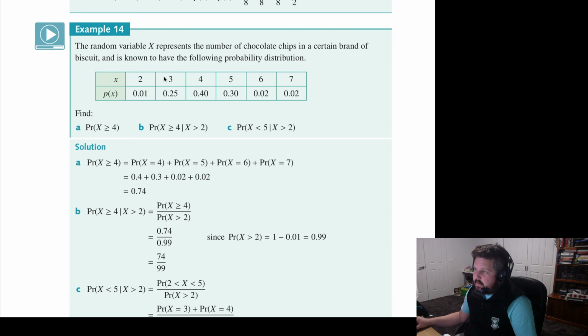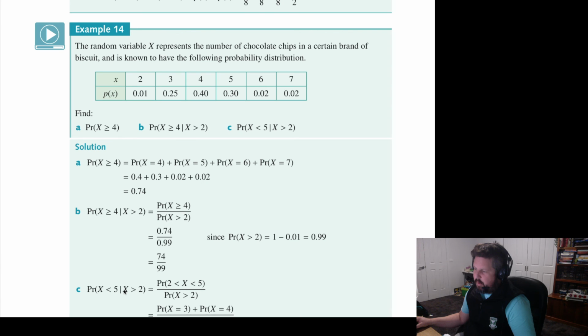Next one, x being less than 5 given that x is greater than 2. Again, on the top, it's the intersection of both of those. The intersection of both of those is the values that are greater than 2, but also less than 5, divided by what's given here, which is x being greater than 2.